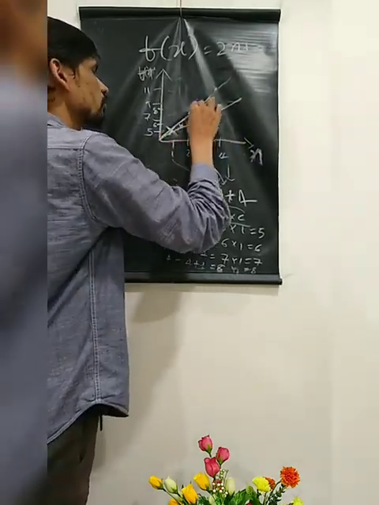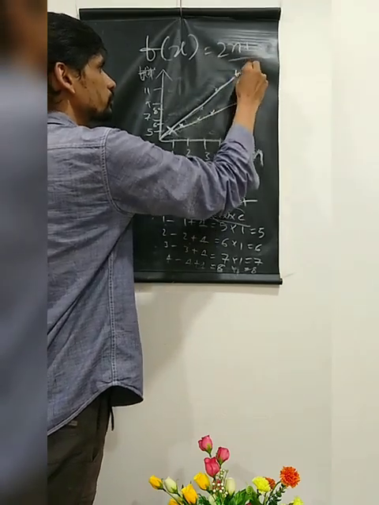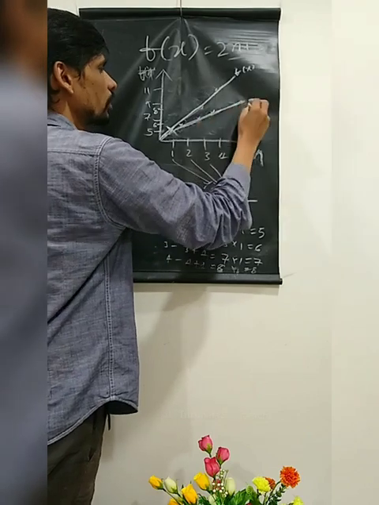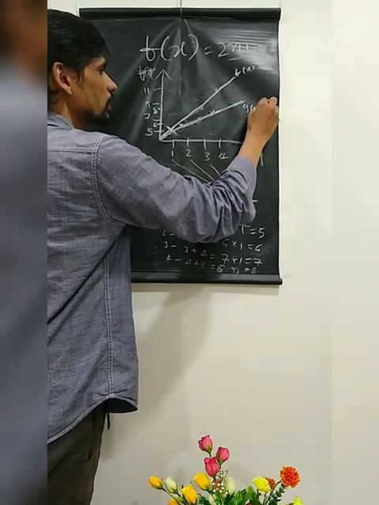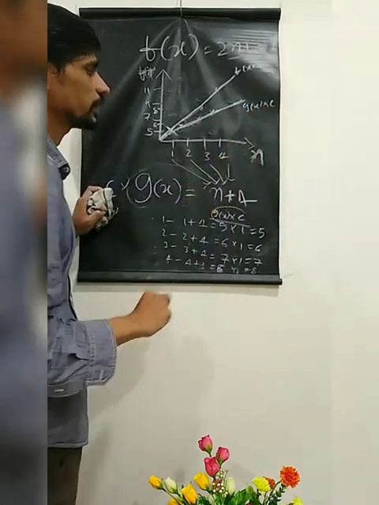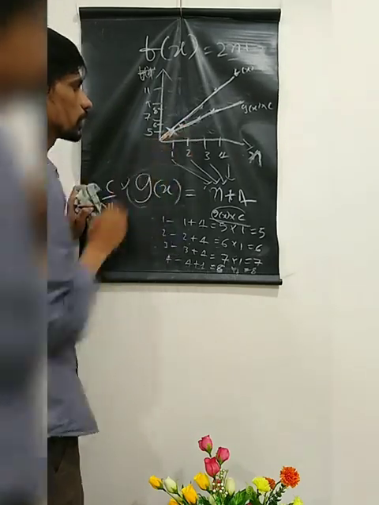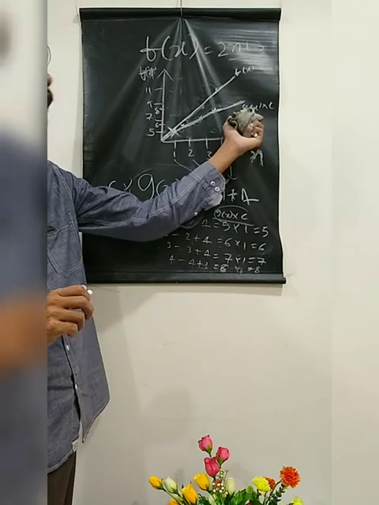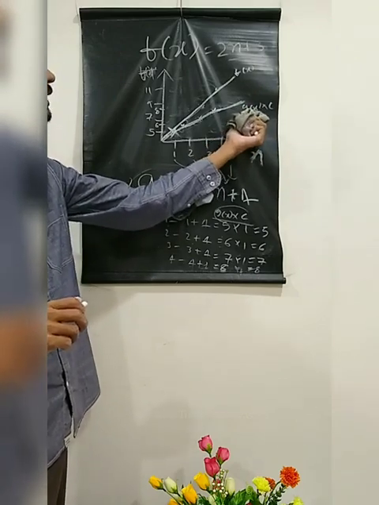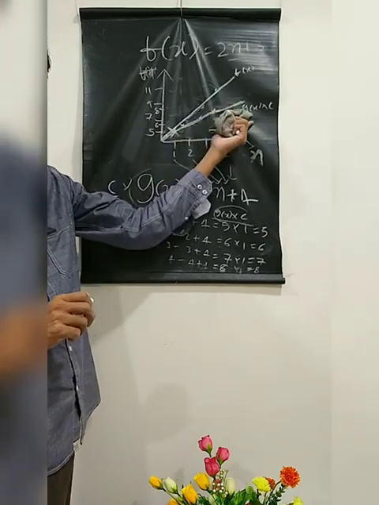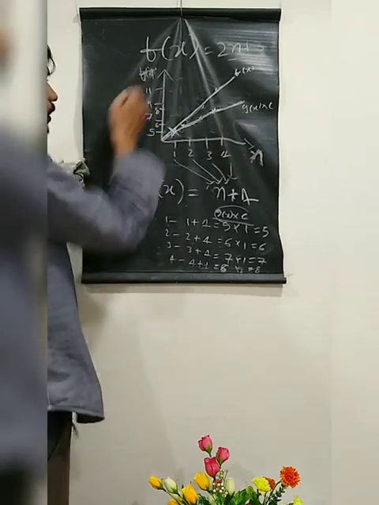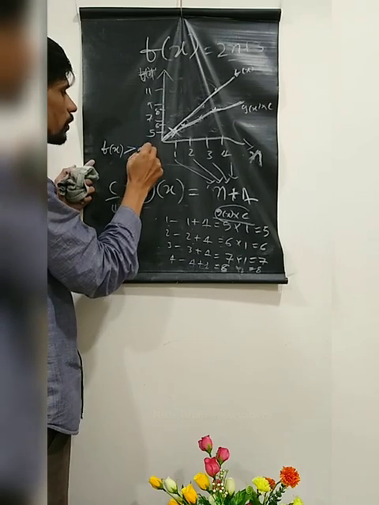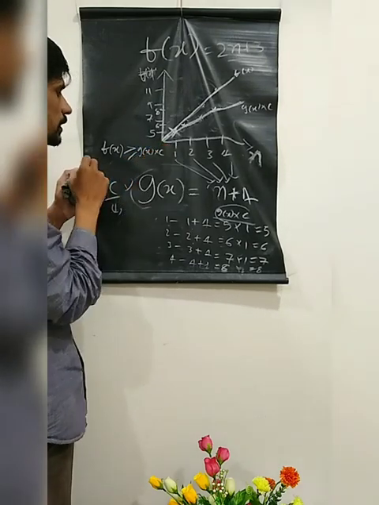So this is my f of x line. This is the line of my g of x multiplied by c, right? So if you observe, this clause is making f of x always greater than or equal to g of x multiplied by c, right?